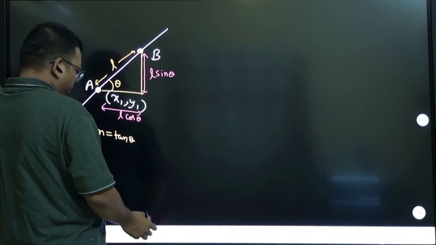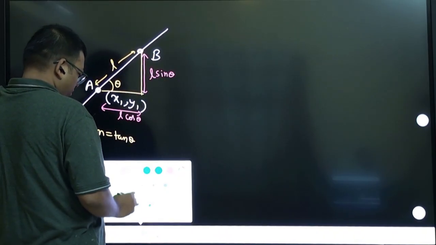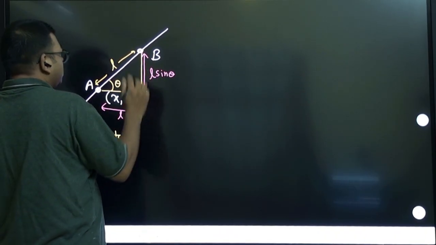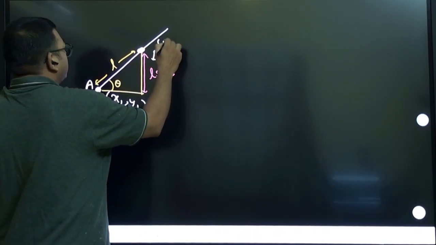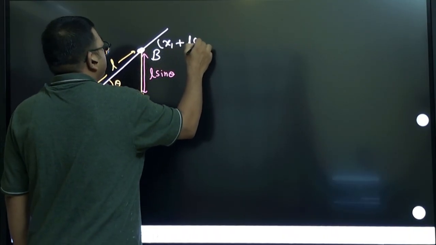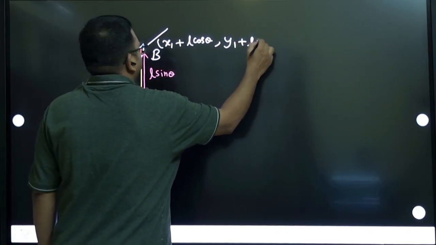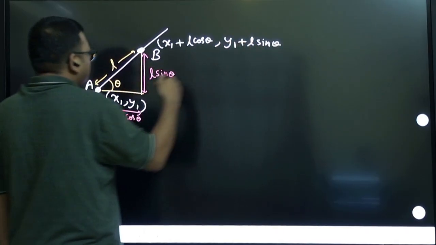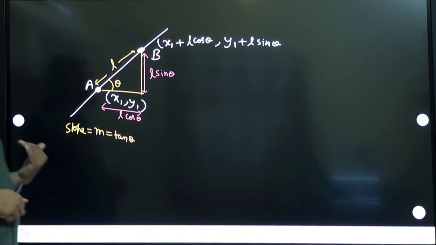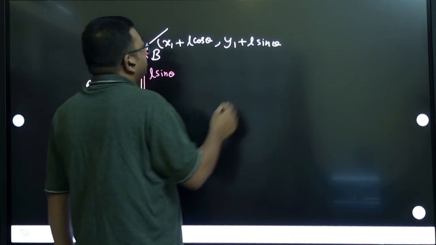So if I apply this idea, then because x is increasing, I can write this point as x1 plus L cos theta and y1 plus L sin theta. If I write minus, then the other point will come, on the back side. Minus also can be written.